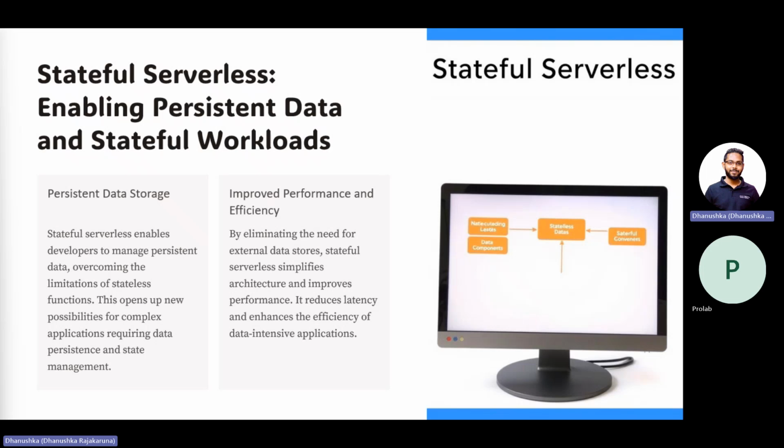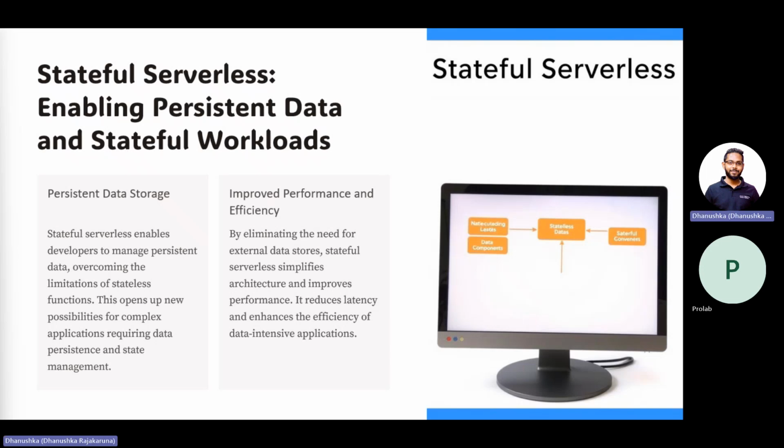So the platforms used here: Azure Durable Functions, AWS Step Functions, Cloudflare Durable Objects, and Temporal.io. Future directions will be AI-assisted stateful workloads, hybrid stateful models, decentralized state.